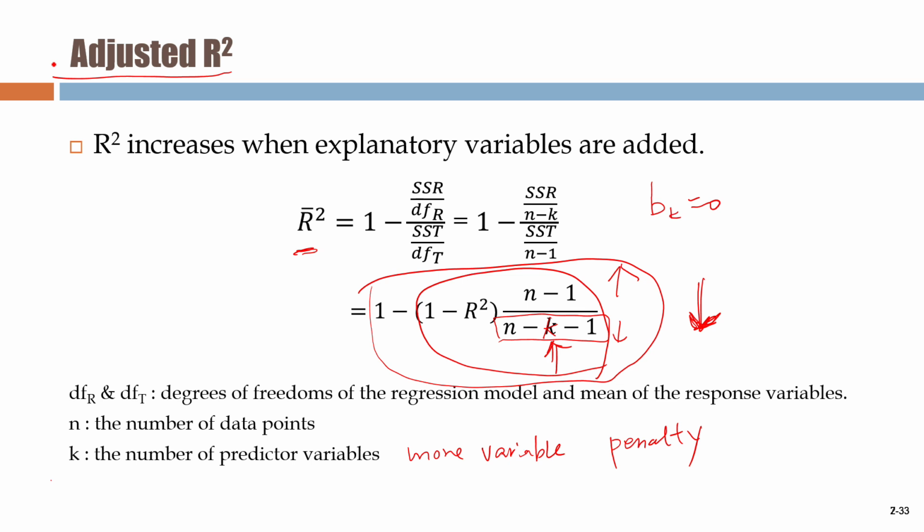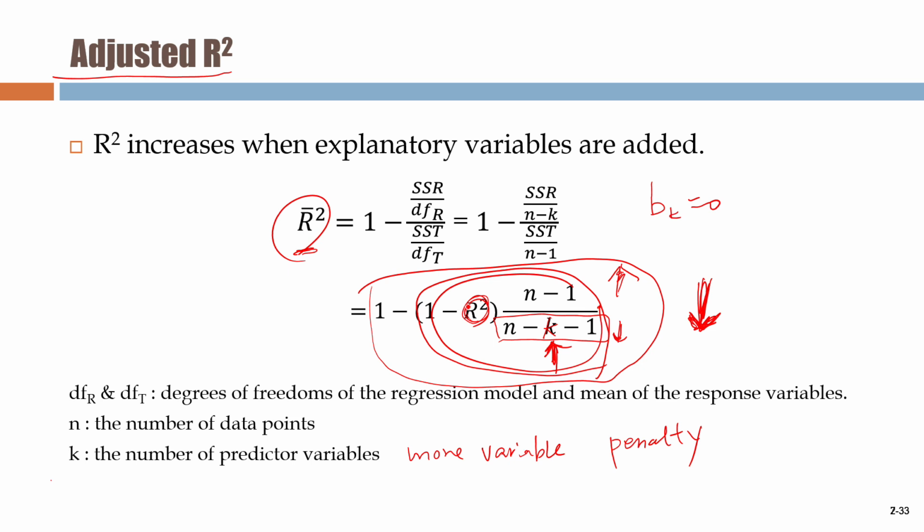If you bring in a really good variable with high predictive power, then by adding it you get penalized, as you can see here: k increases, this decreases, and this part increases. But if that variable was pretty good, your R square increase will be greater than the effect of this penalty, and your adjusted R square will go up.